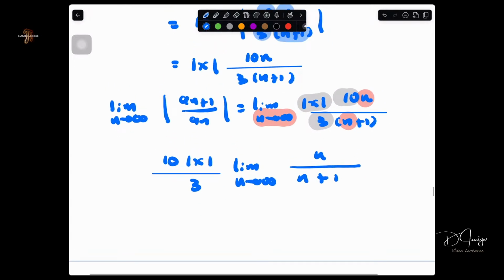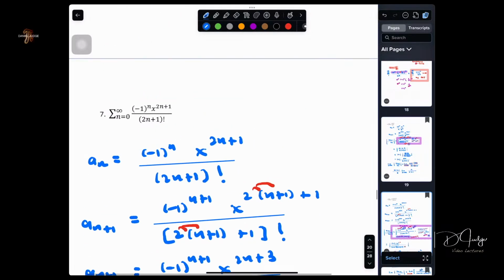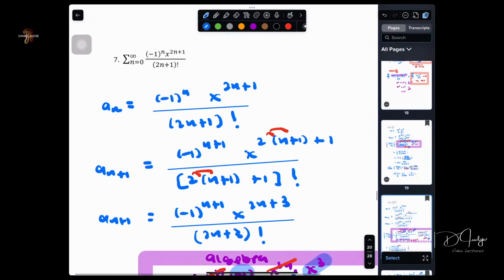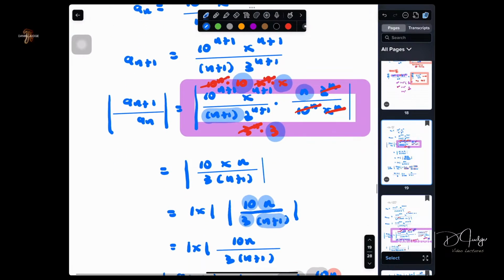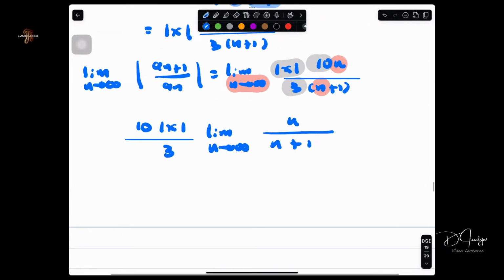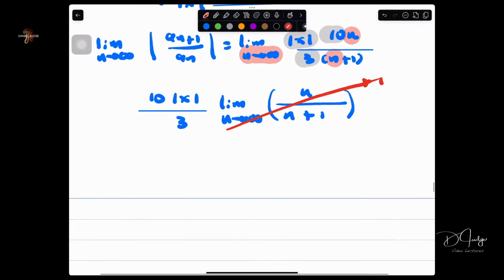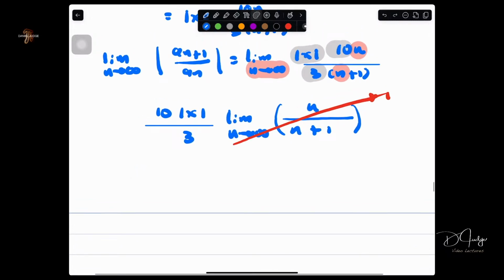Now, this limit that we see here goes to 1. So let's again take a deeper look at what's happening here.